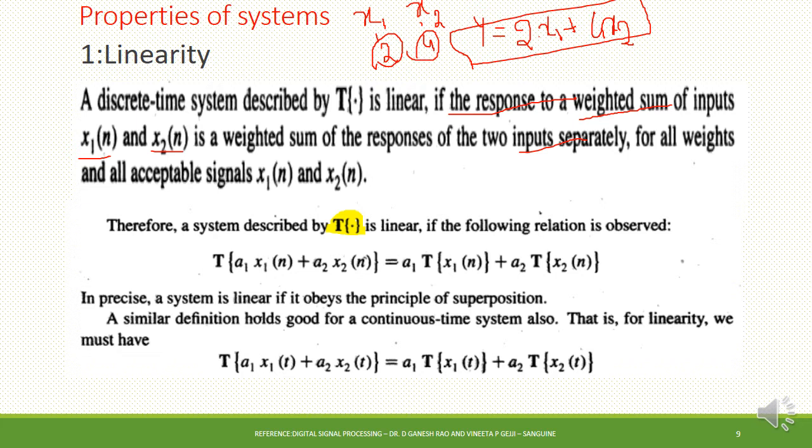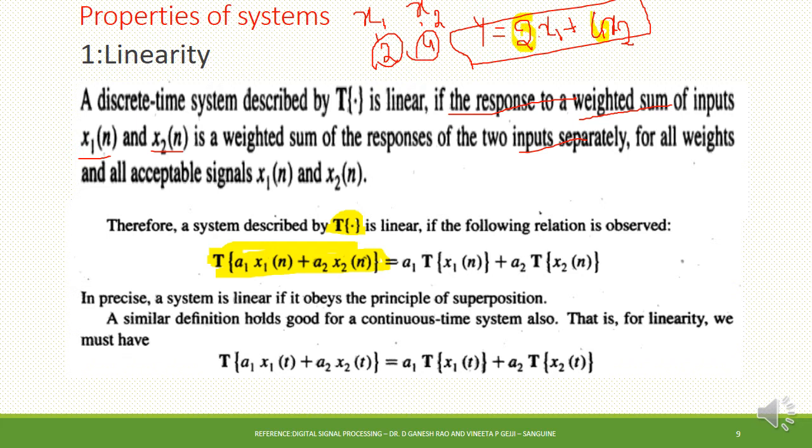What is the relation? T of a1 x1 of n plus a2 x2 of n, where a1 and a2 are the weights. Here I have taken 2 and 4, but generally we write a1 and a2.